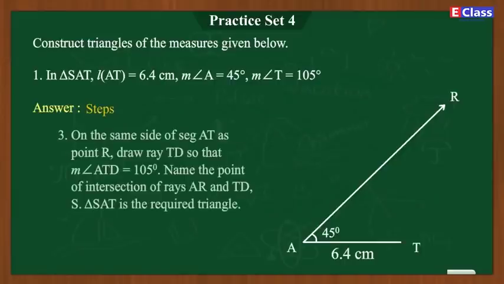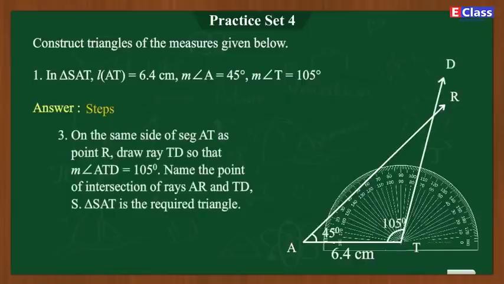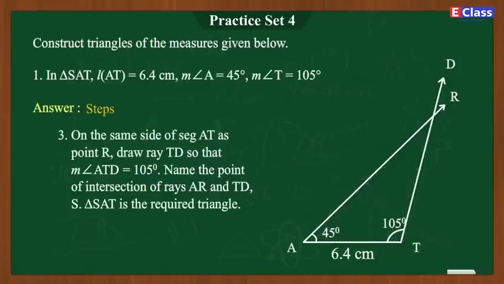On the same side of segment AT on point R, draw ray TD so that measure of angle ATD is equal to 105 degrees. Name the point of intersection of rays AR and TD as S. Triangle SAT is the required triangle.